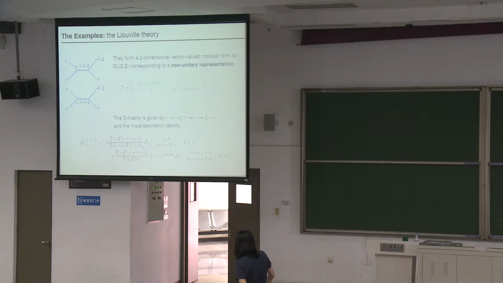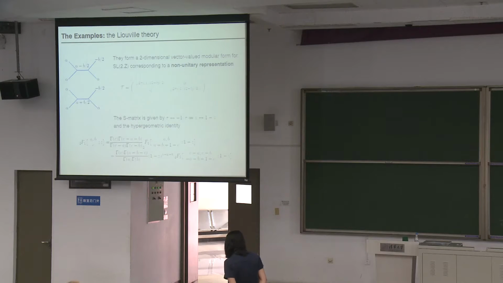So we see that we get a non-unitary representation of SL2Z in this case. And what about the S matrix? Well, you can also compute it, but it's actually very simple in this case because when you map from tau to minus 1 over tau, the cross ratio z just goes to 1 minus z. And hence, the S matrix is given by nothing but the identity among hypergeometric functions.